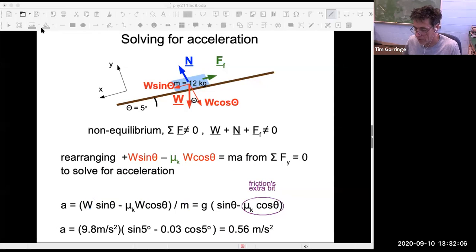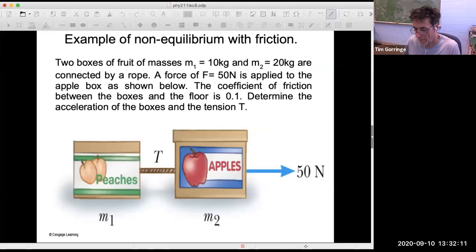And I think we got time for another one here. And here's the next one, which is also a non-equilibrium friction problem.